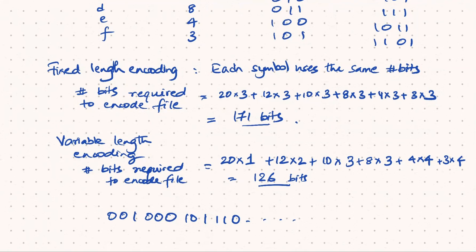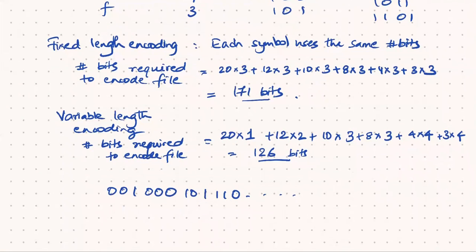We would like to have a direct and fast way to decode also, right? So to avoid this ambiguity while decoding, we will require the variable length encodings to be what is known as prefix-free encodings. Okay.